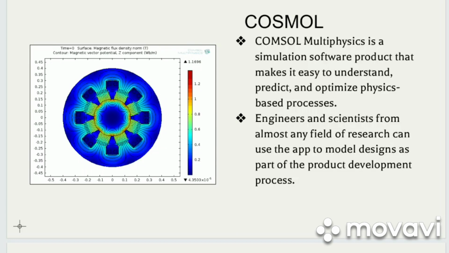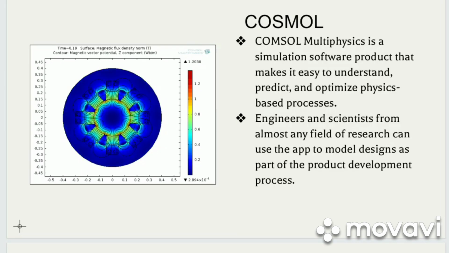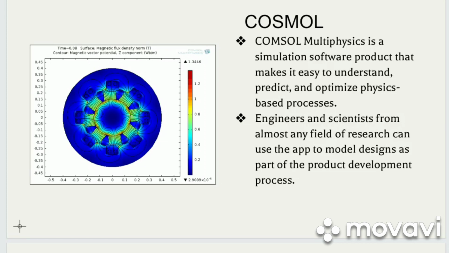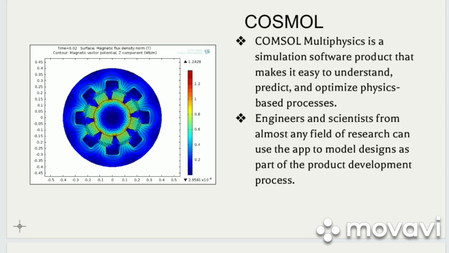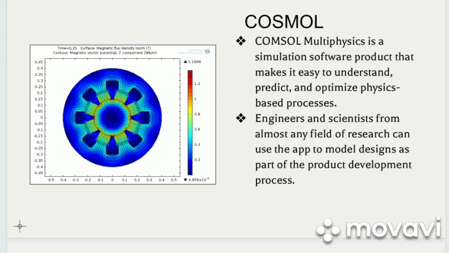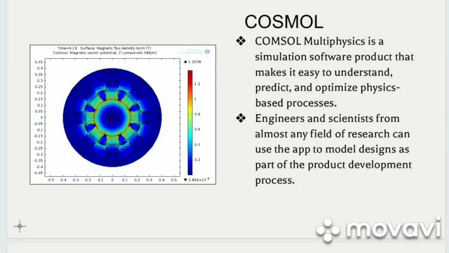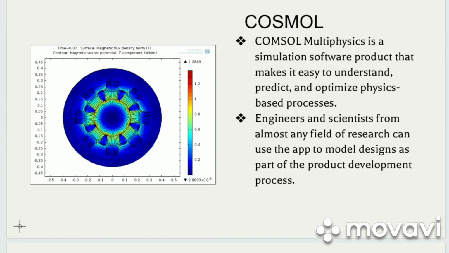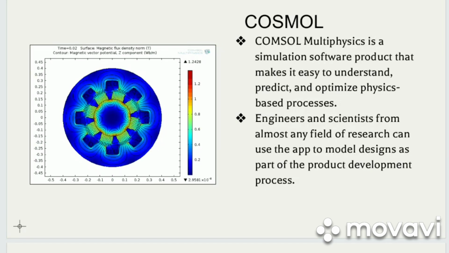The heart of this field is the motor. So how can we design that? Here is the answer. In COMSOL you can see how the flux density is varying, how we can change the number of poles, and how it will affect the different parameters that we can clearly see here. So this is the advantage of this software.